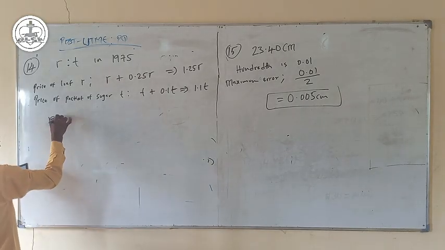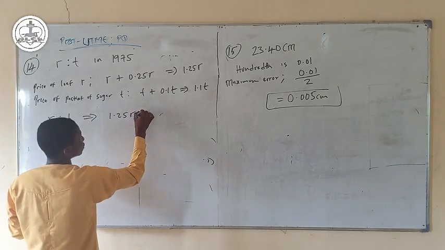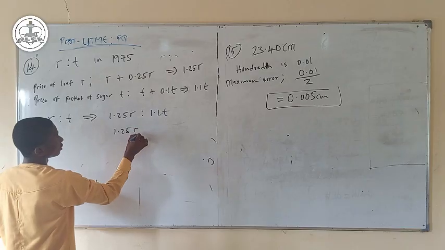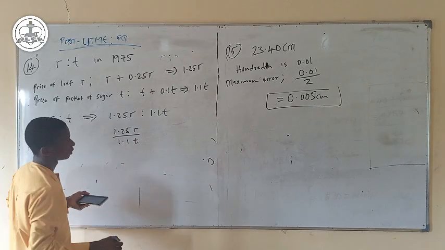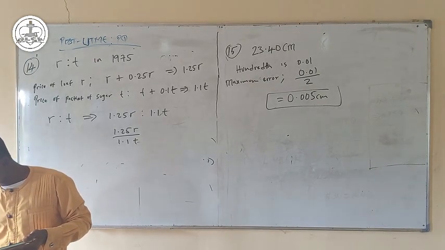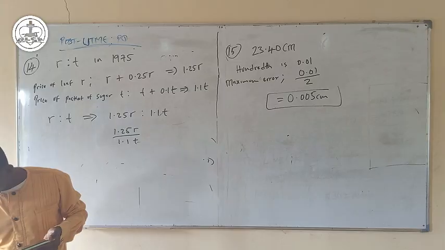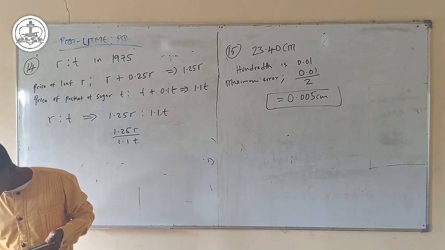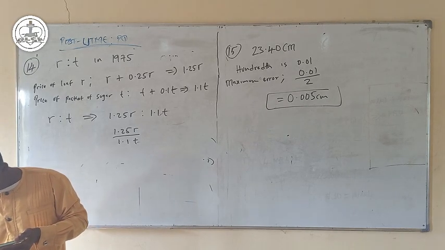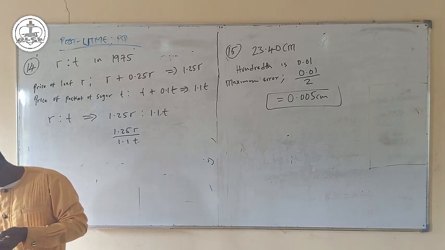So their ratio now, since it is R is to T, will be 1.25 R divided by 1.1 T. We punch our calculator.